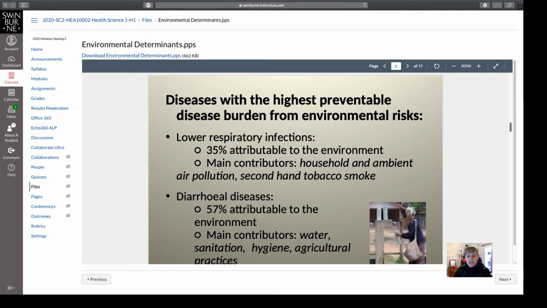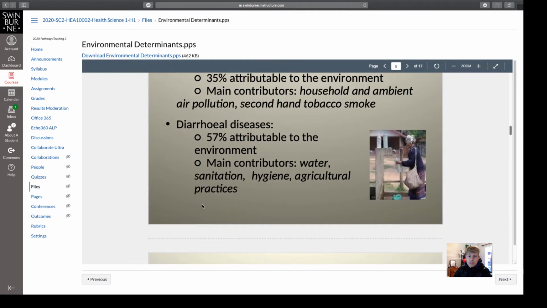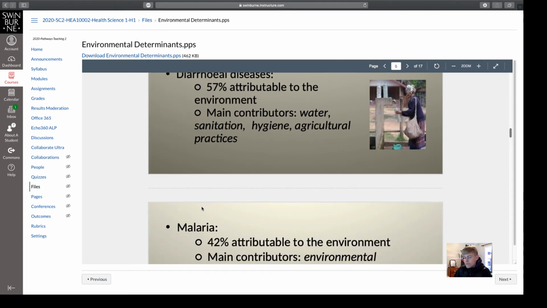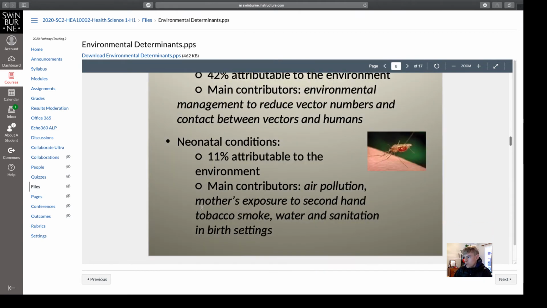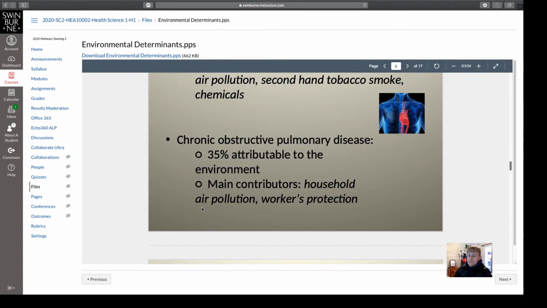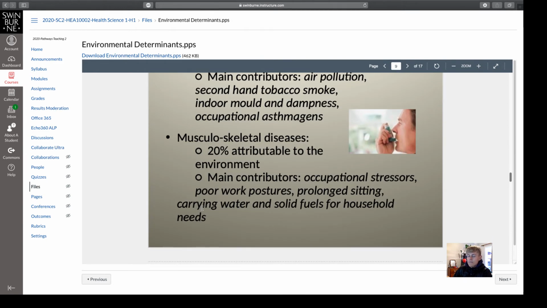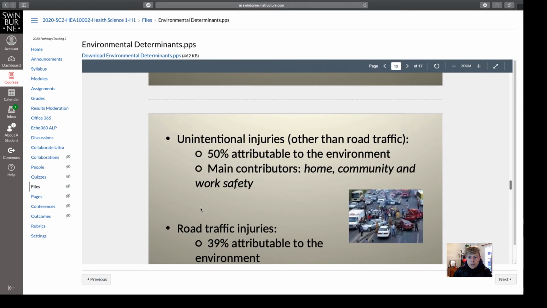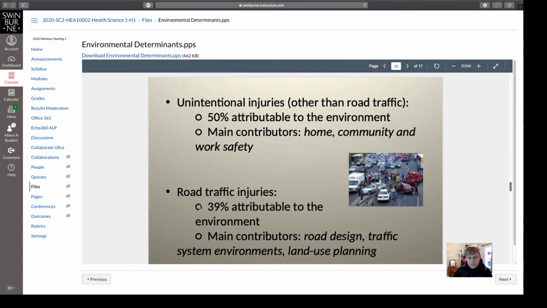The next few slides present statistics on other health conditions and outline the specific environmental determinants that relate to malaria, cancer, depression, cardiovascular disease, chronic obstructive pulmonary disease, asthma, musculoskeletal diseases, and unintentional injuries or road traffic accidents.